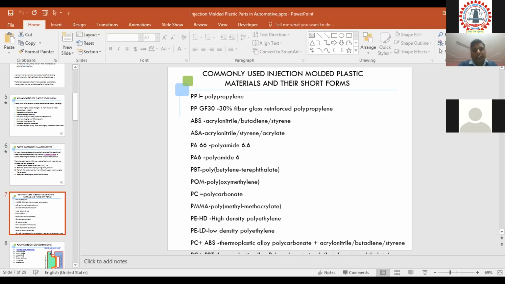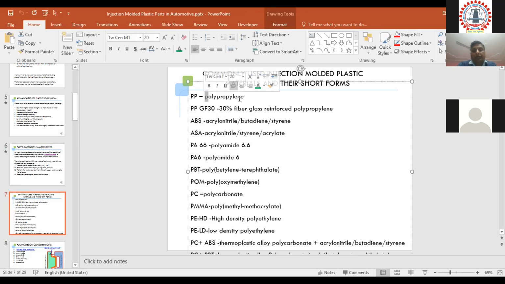Generally these plastics are not bare materials. We add some fillers to improve the properties of those plastics. Like we can see here, PP glass filled 30%. GF30 means glass filled 30%. So the glass is the filler in this basic material of PP.